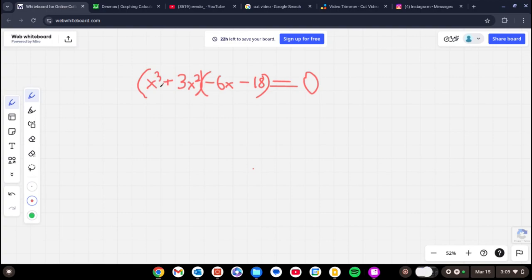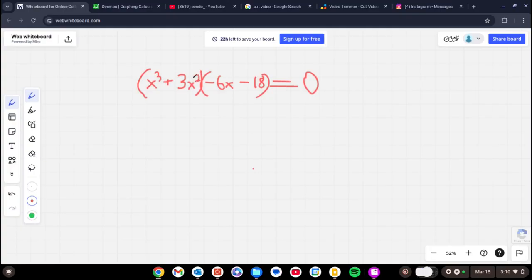So we're going to take the like terms out of these equations and get them outside of these parentheses. So first off, you have to figure out what's in common between x to the third and positive 3x to the second. So you'll notice that there's two x values here, x to the third and x to the second.